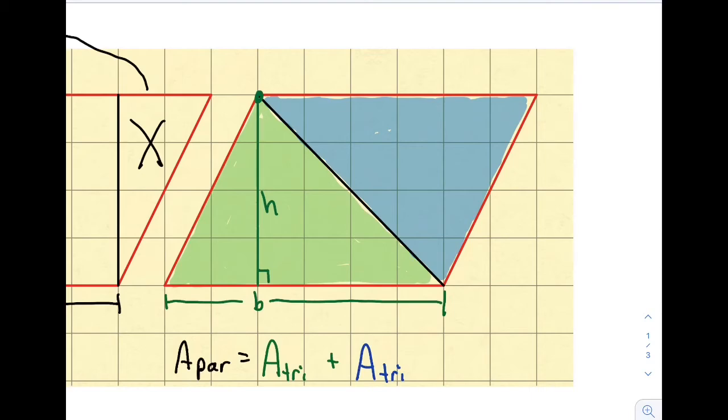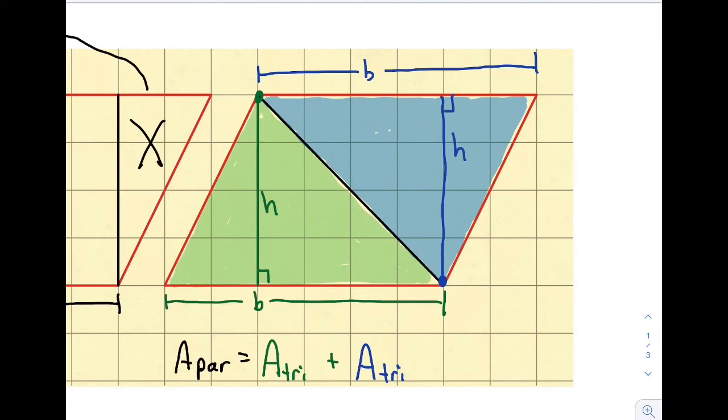On a parallelogram, opposite sides have the same length, 1, 2, 3, 4, 5, 6. So I'm just going to give this the same label as B and know that these are the same length. Same with the height.